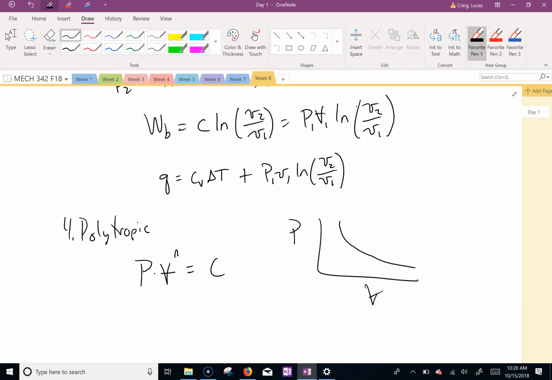Depending on the exponent, it could be more of a curve or less of a curve. And this is probably more realistic than the normal processes like isometric, isothermal, whatever. It's just kind of one step closer to the actual real thing, okay?